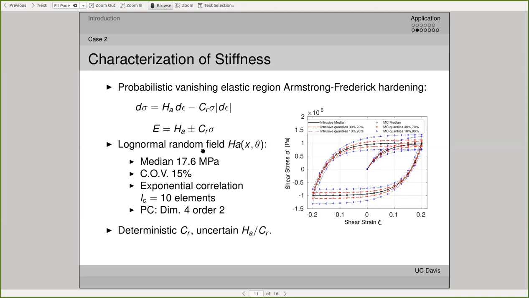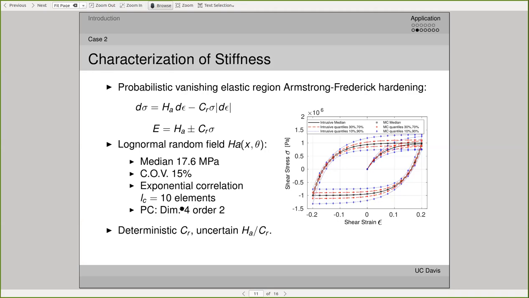We use HA as a log normal distributed random field with a median value of 17.6 megapascal. Here we're considering a 15% coefficient of variation for such a marginal distribution. Again, we use the exponential correlation with a correlation length of 10 elements for such a random field, and we use the same technique as I presented before.